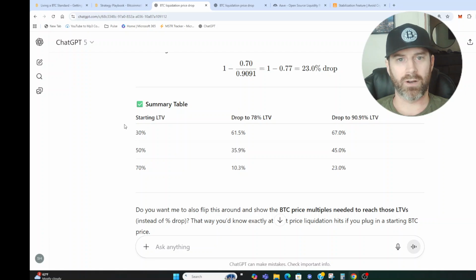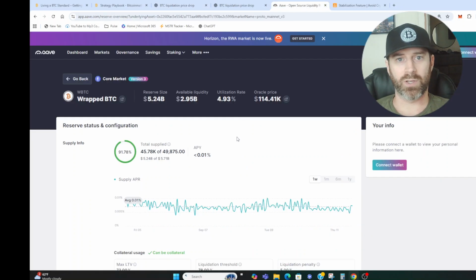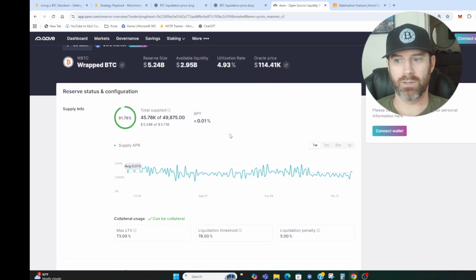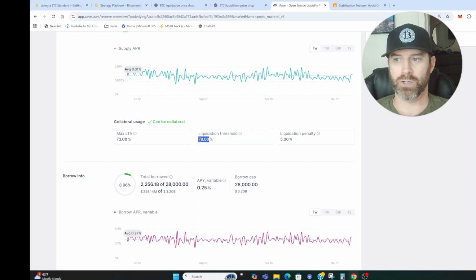Now, the other thing to call out here are the liquidation thresholds themselves. Okay, on Aave, when you're using wrapped Bitcoin as collateral, they have a liquidation threshold of 78% loan to value.